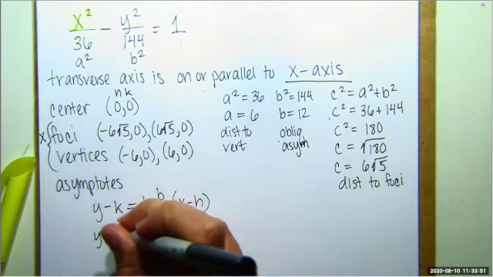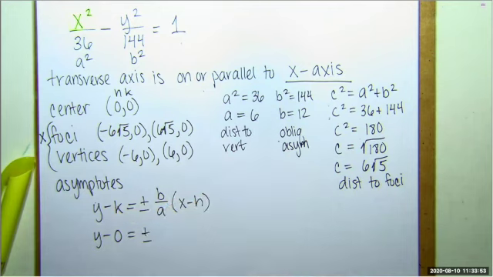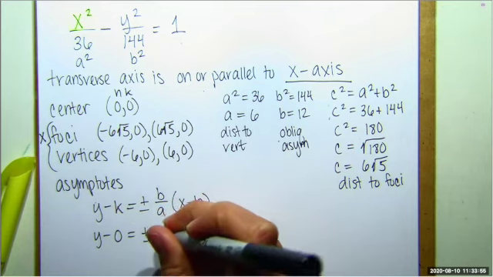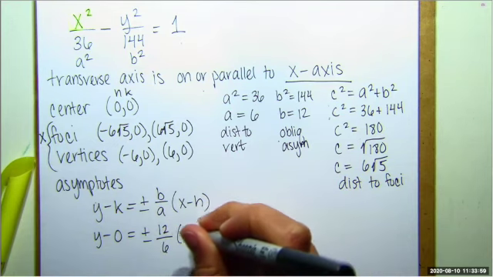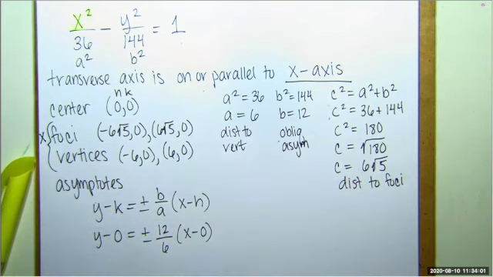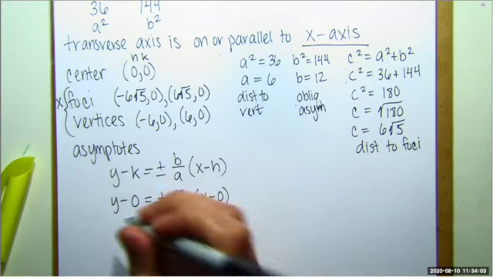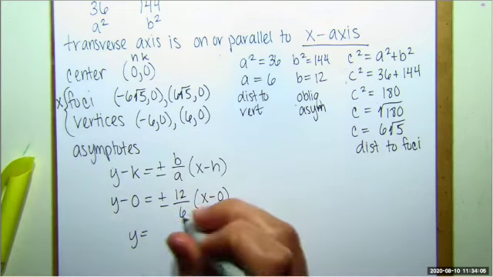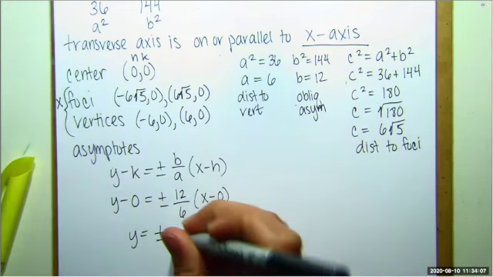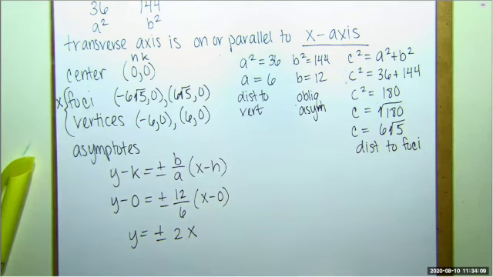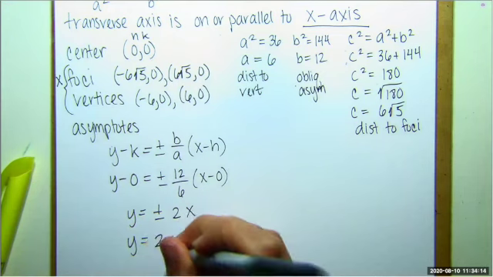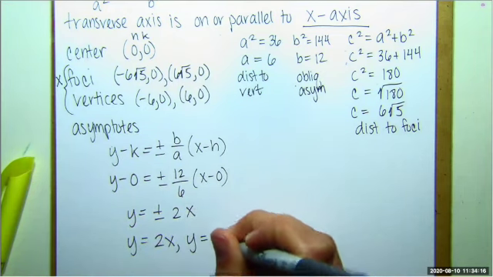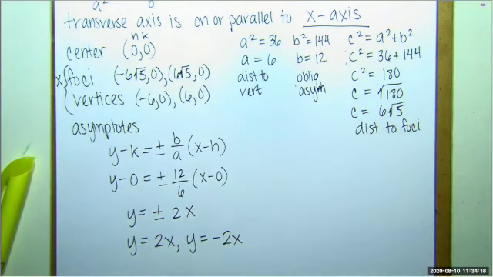So I have y minus 0 is equal to plus or minus, b is 12, a is 6, times x minus 0. Let's work this out a little bit. I get y is equal to plus or minus 12 over 6, which is 2, times x. So our asymptotes are y equals 2x and y equals negative 2x.